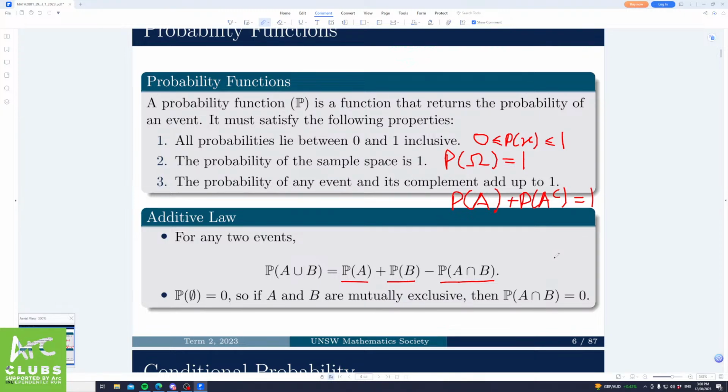The intersection is the empty set, and the probability of getting that intersection is obviously 0. So for mutually exclusive events A and B, we just have this part of the formula, since that final term is just 0.